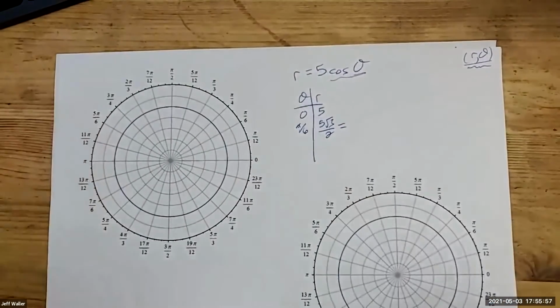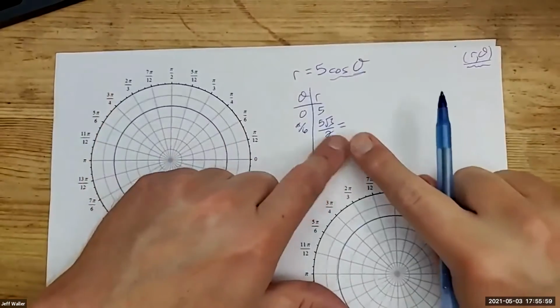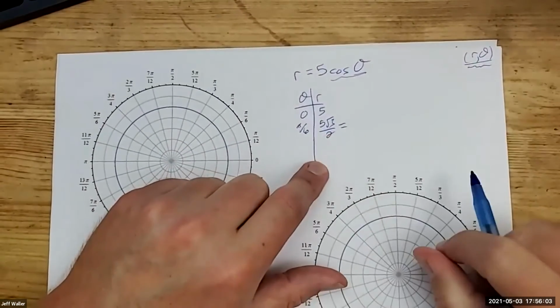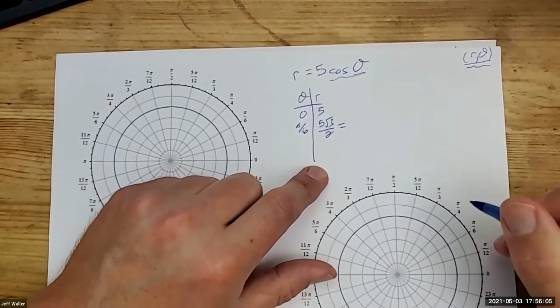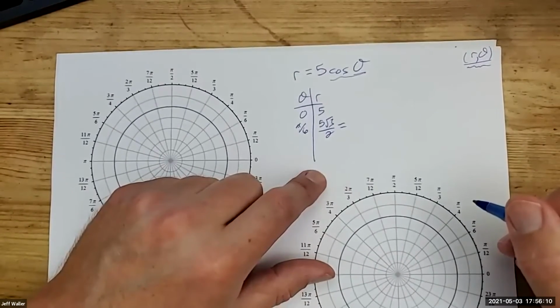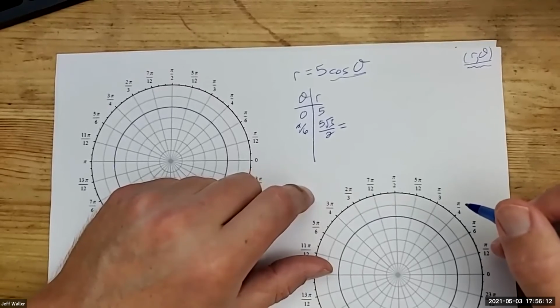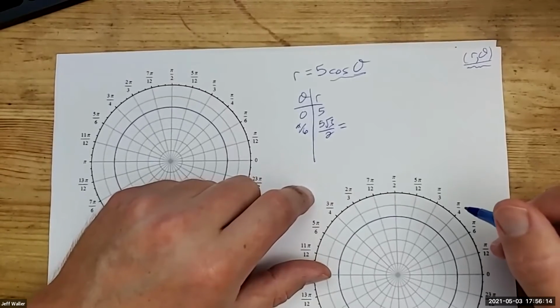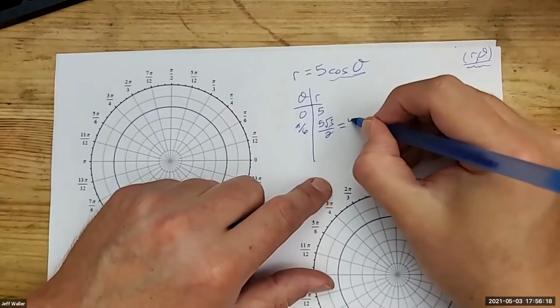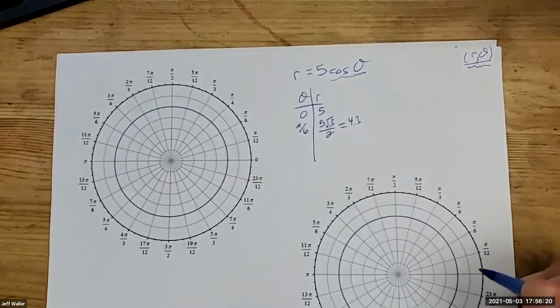Now here, since we're doing this by hand, can somebody throw that in the calculator for me and round it to 1 decimal place? Does that make sense? I can barely get 1 decimal place accuracy when I'm doing it by hand. 4.3? That sounds about right. Is that what you guys get?